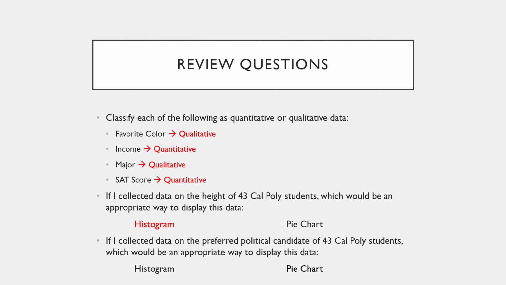Donald Trump for the Republican side, and then Joe Biden and Bernie Sanders are kind of the choices on the Democratic side. So you'd answer as one of those three choices, or some third-party candidate or whatever. We wouldn't answer that numerically, so this is qualitative data. And we said earlier that pie chart is how we represent qualitative data, so pie chart would be the answer to that question. All right, thank you.